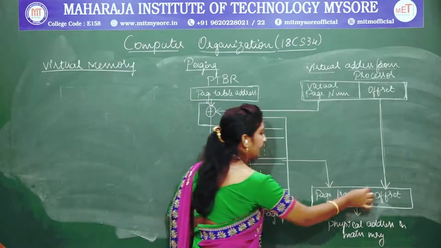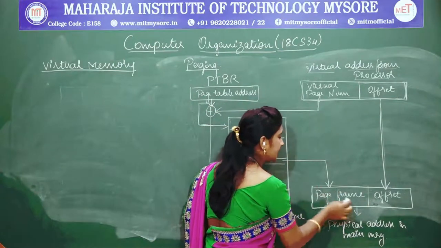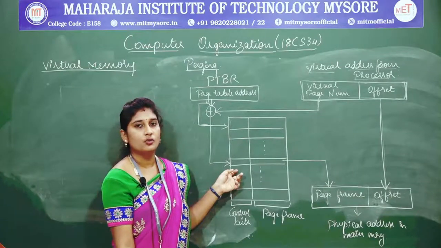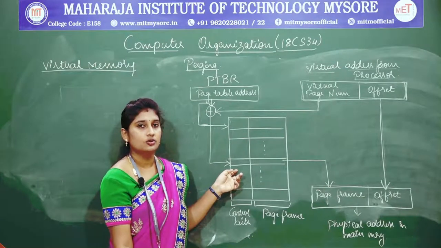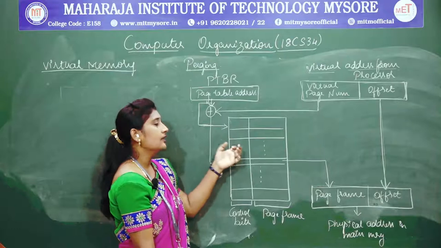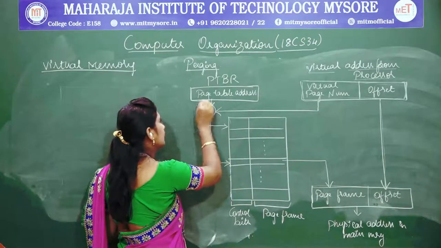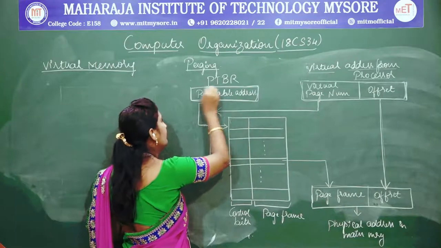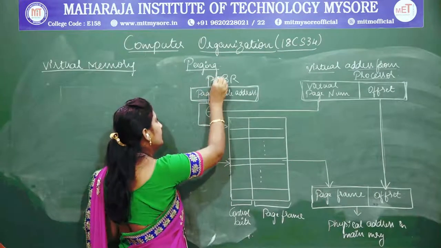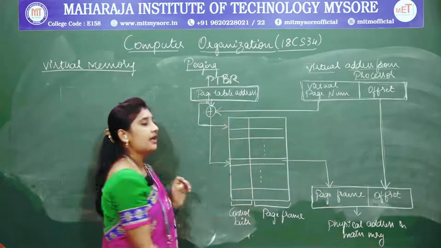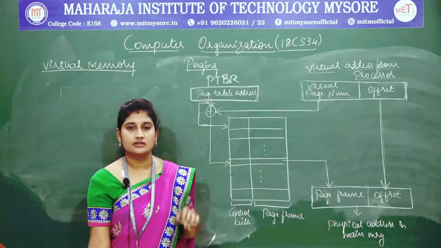Next, the virtual page number indexes into your page table. The first address of the page table is present in the PTBR, the page table base register.